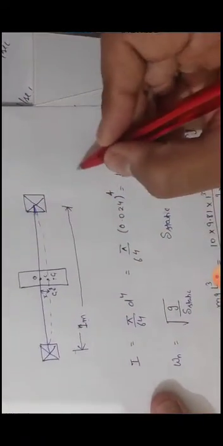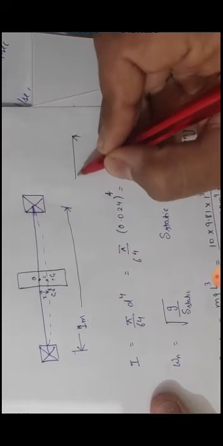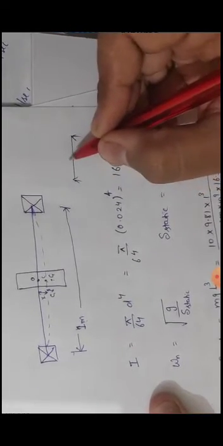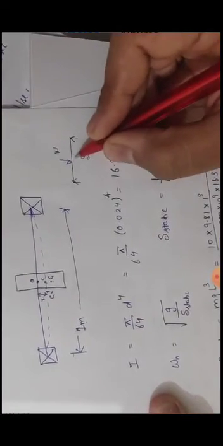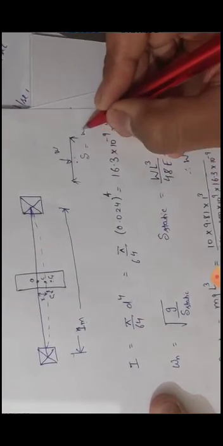So we need the value of omega n. Omega n equal to under root g upon delta static. Now delta static, in case of a simply supported shaft, you must have learned this formula in strength of materials. If the load is W, then the maximum deflection at the midpoint is equal to WL cube by 48 EI.